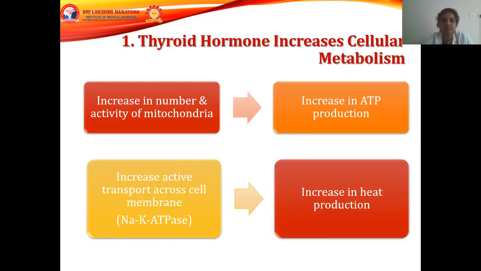Next, it increases the active transport across the cell membrane with the help of sodium potassium ATPase, because we already saw that thyroid hormone is involved in the production of proteins, and one such protein produced is the sodium potassium ATPase pump. When the sodium potassium ATPase pump is active, a lot of heat is produced and ATP is used. So this increases the heat production, and in turn the cellular metabolism is also increased.